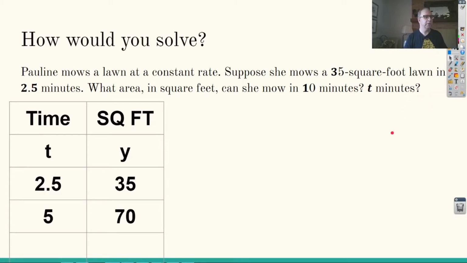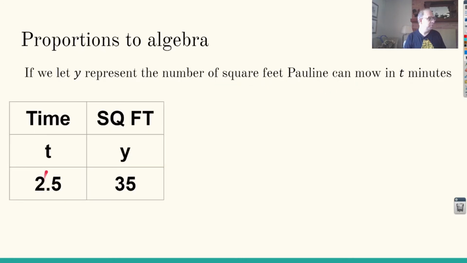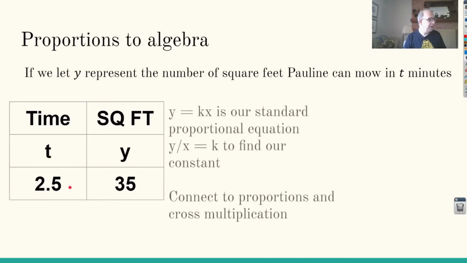So we're going to make y represent the number of square feet, and t is t, just to confuse people. So instead of x, we're using a t, and y is the distance. So the distance equals rate times time. So take a look at our standard equation. Distance equals rate times time, or y is t times something. Find out what that something is.